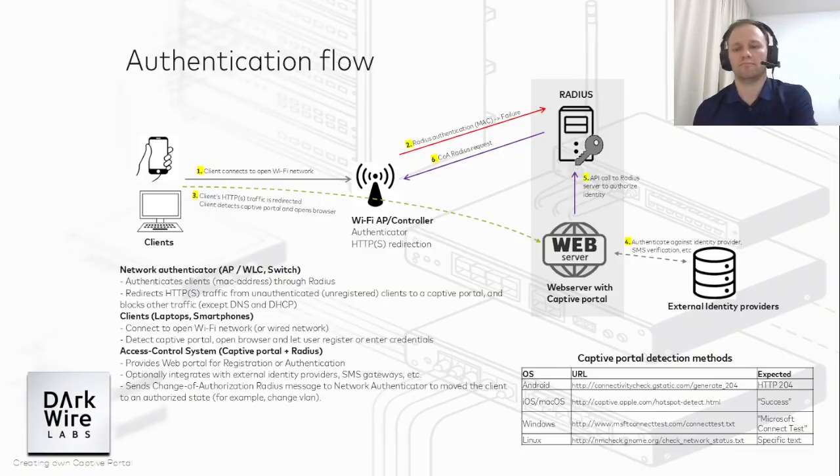Sometimes in some solutions, you may also see that the device will manipulate DNS and change the DNS response or provide a different response to the client, again, pointing to the IP address of the web server with the captive portal.